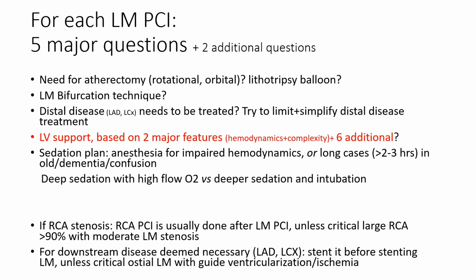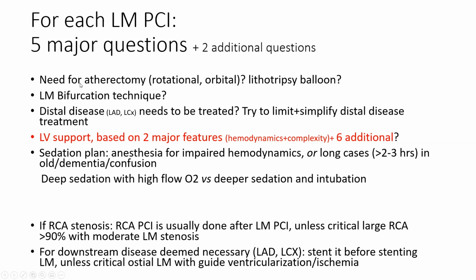So I discussed LV support based on those 2 major features and the 6 additional ones. There are 5 major questions you ask yourself when you're doing left main PCI. That's one of them, LV support. There are 4 other questions that impact the idea of LV support. And the 4 other questions are, every time you see a left main, as you're planning it, you're reviewing those 5 ideas.